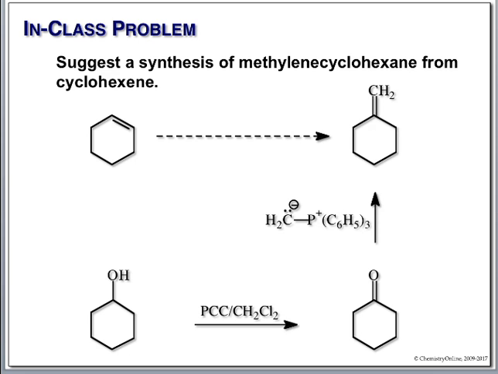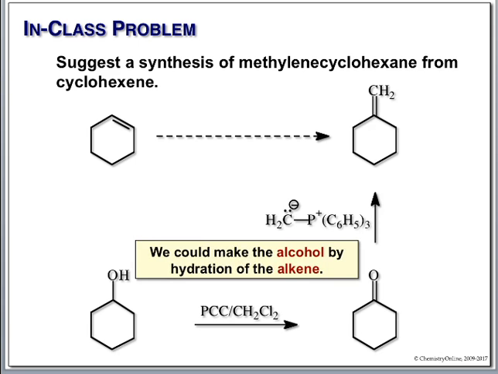One is brutal, acid and water. Don't ever use that, that's ugly. You get tar. Second way, we could use BH3, followed by oxidative workup. Since it's symmetrical, it doesn't matter if it's Markovnikov or not. Or we could do a more civilized Markovnikov addition using mercury(II) acetate.